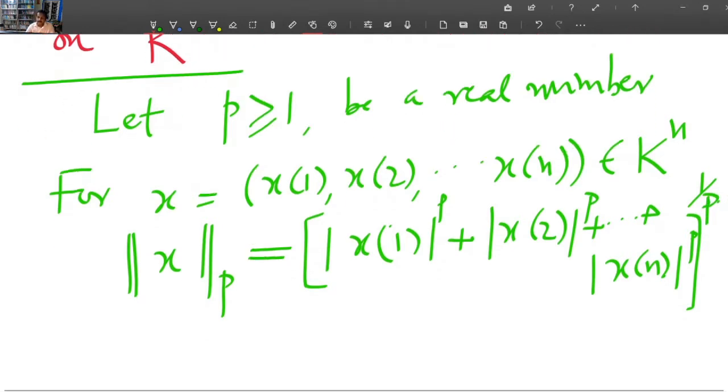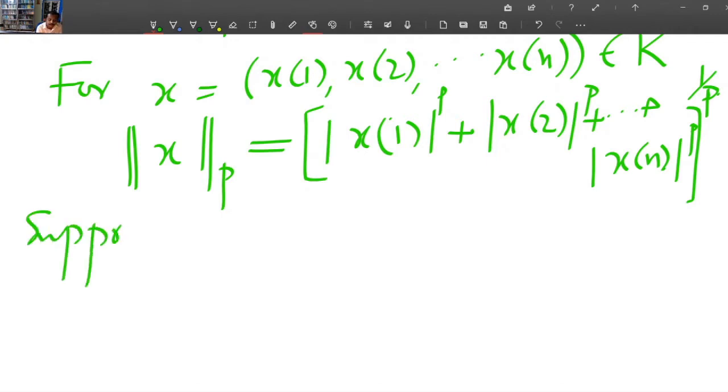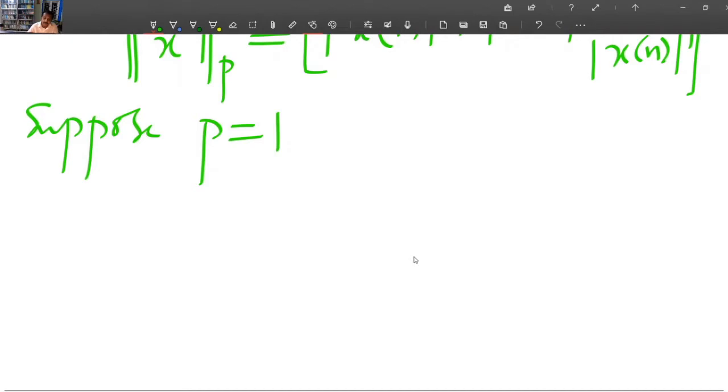So suppose you define a norm like this. We are going to discuss different cases. Suppose p equal to 1, then the corresponding norm is known as the 1 norm.